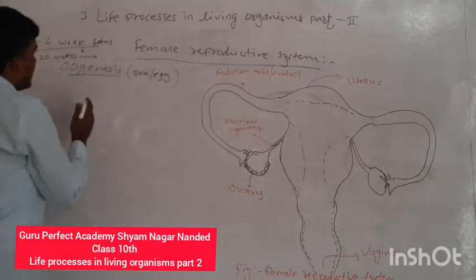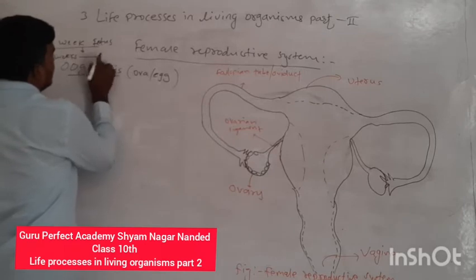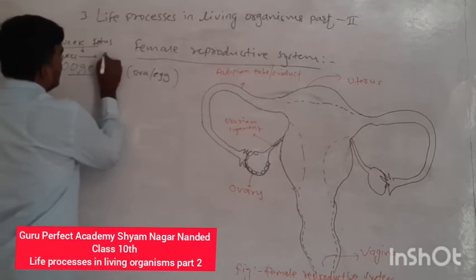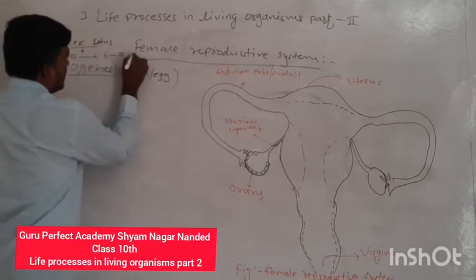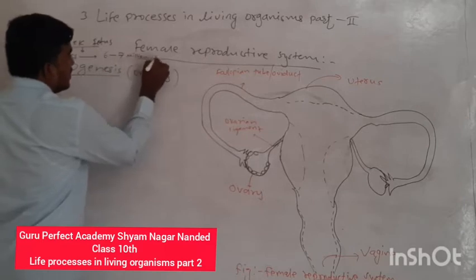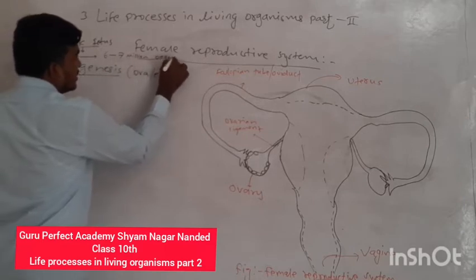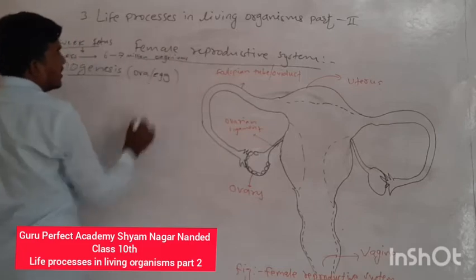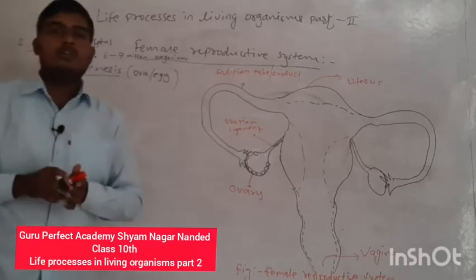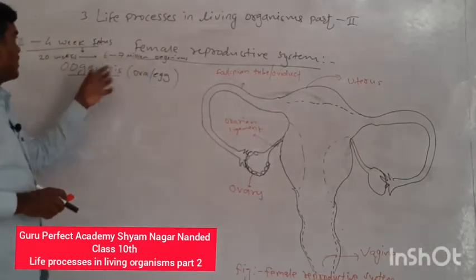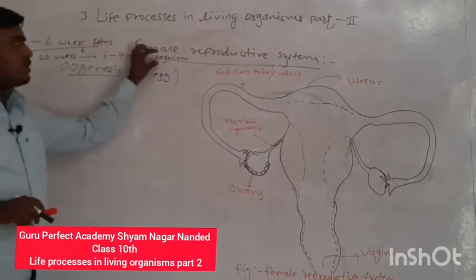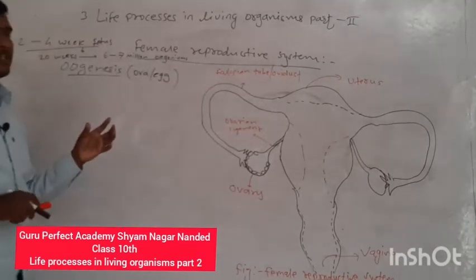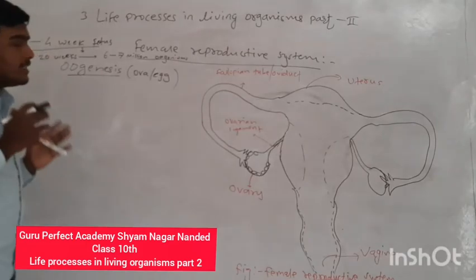Inside the ovary, 6 to 7 million oogonia are formed. Oogonia are formed, and these all are cells which are diploid in nature.